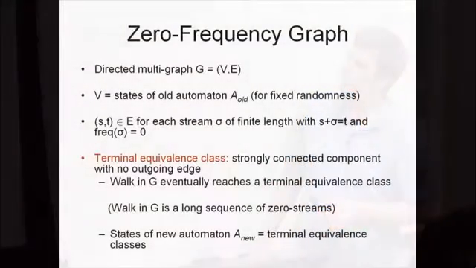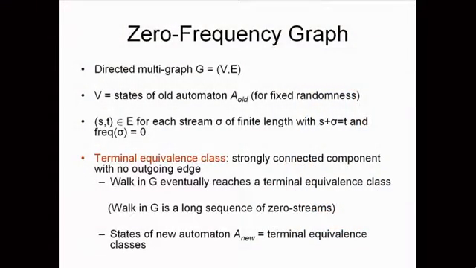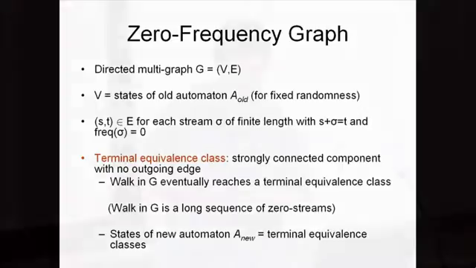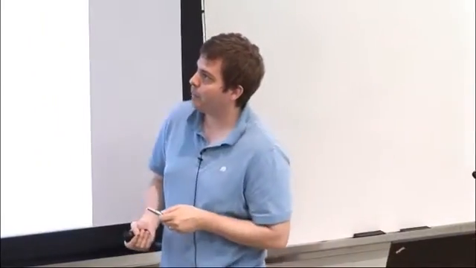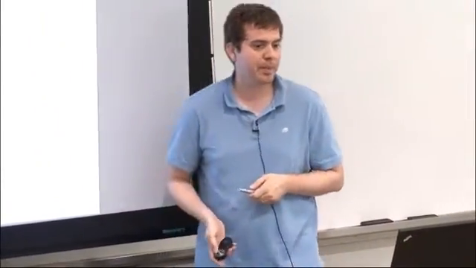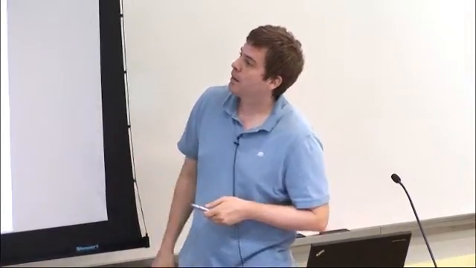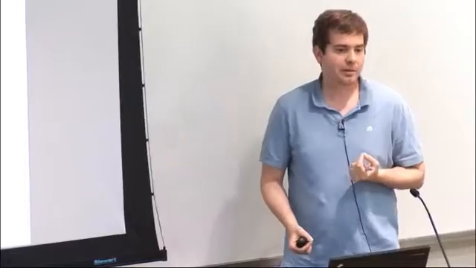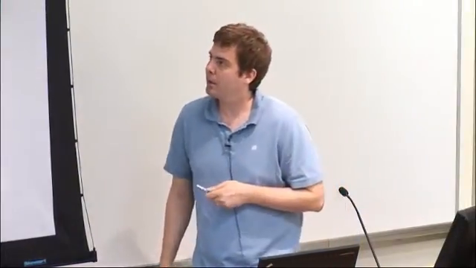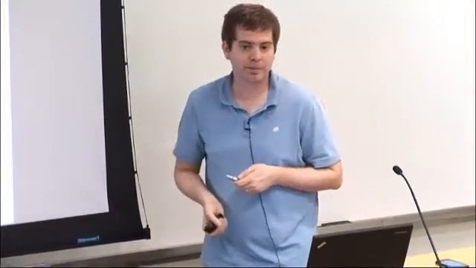So we're going to introduce the notion of a 0 frequency graph, which is a directed multigraph G. The nodes of this graph are the states of the old automaton for a fixed randomness.